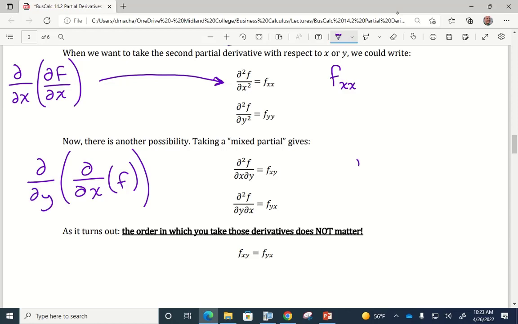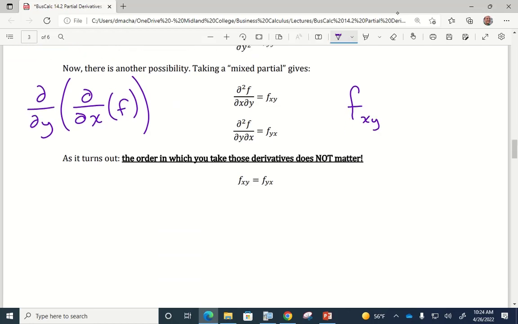And so my shorthand notation for that would be f subscript x, y, and that tells you take the partial with respect to x, and then whatever you're left with, then take the partial with respect to y after that. And it turns out that the order that you take those doesn't matter. So that means the partial with respect to x and then y is the same thing as if you take the partial with respect to y and then x.